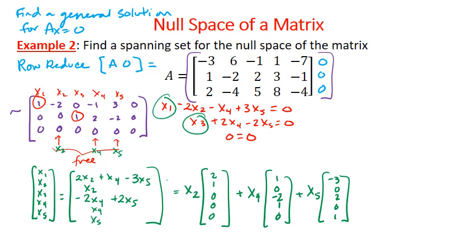Okay, so from here, this represents vector v and vector w. So we can represent this in this way.